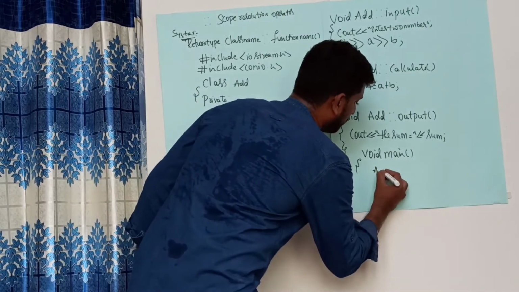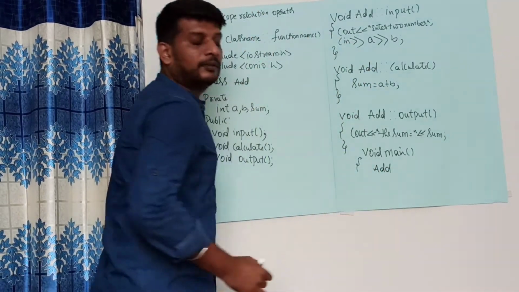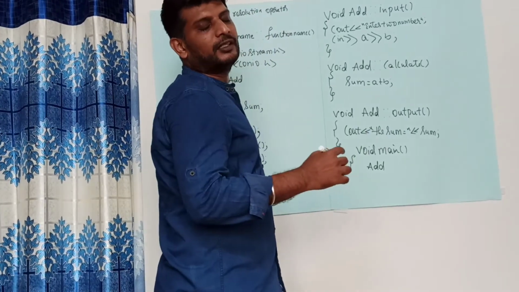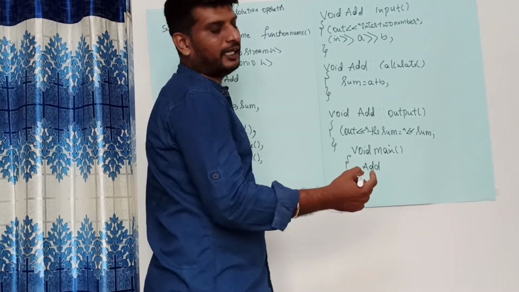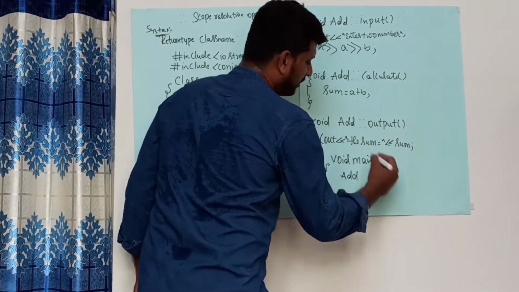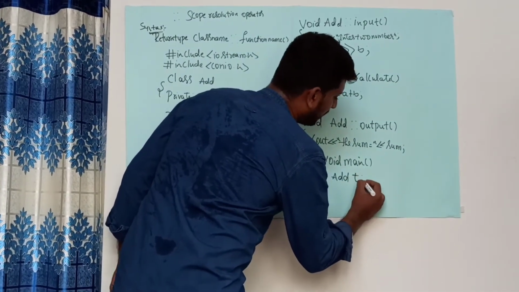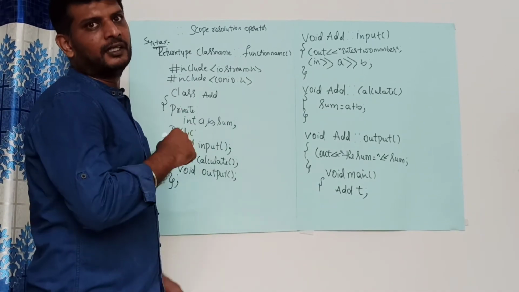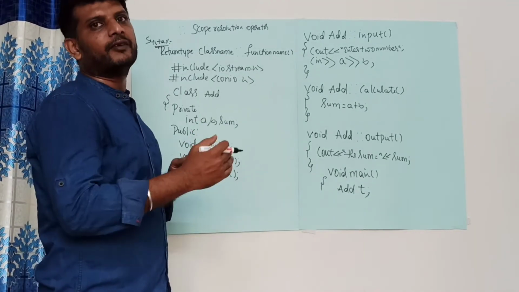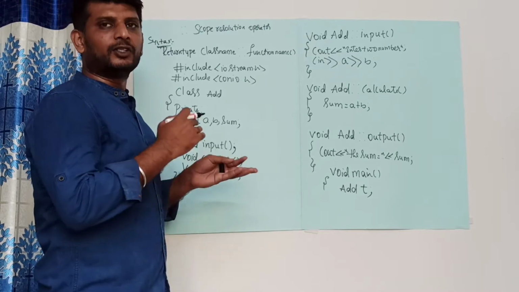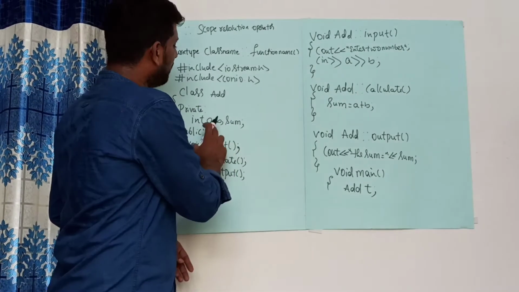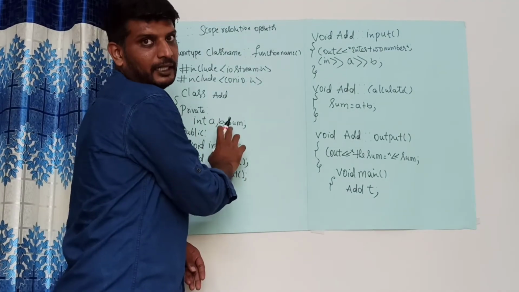The object name can be any user defined name. So just for a change, I will declare the object name as T, because everyone will be thinking only A1 should be used. You can give the object any name you want, but it should not be the variable name.